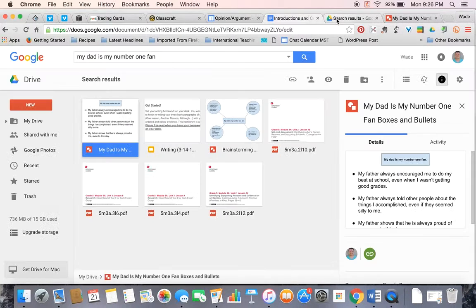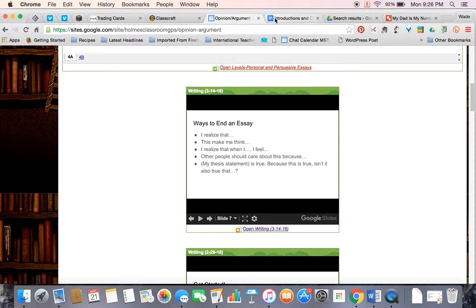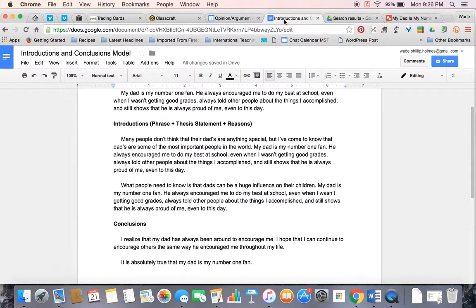Let me look back at that phrase again. Because this is true, isn't it also true that my dad, so I could do a couple of things for this conclusion here. I could either make it about a bunch of people's dads, but since it's about my dad, I probably want it to be just about my dad and not everybody else's dads.